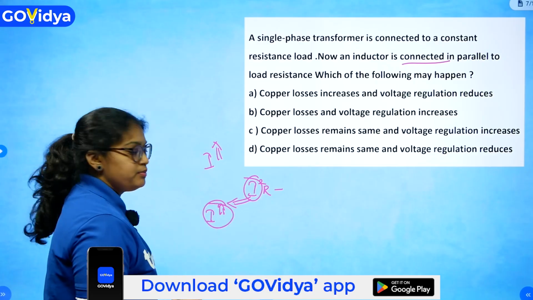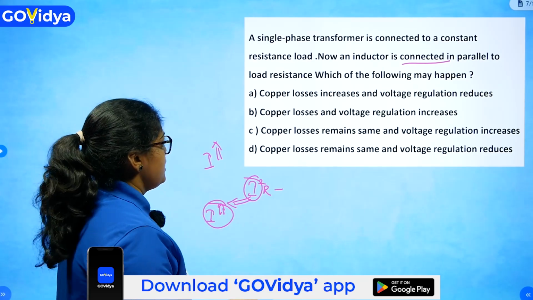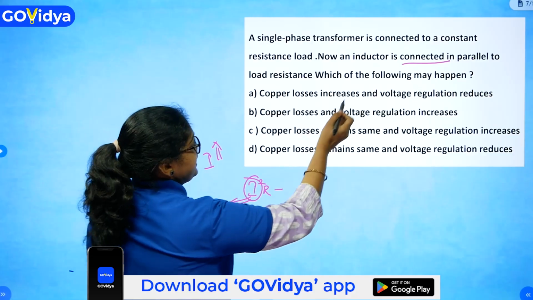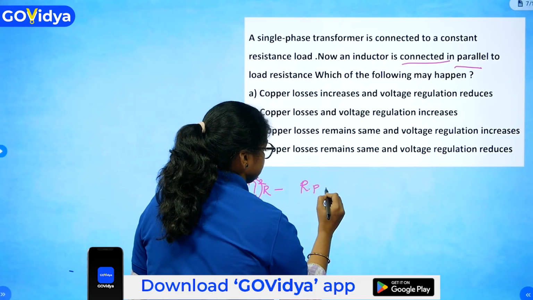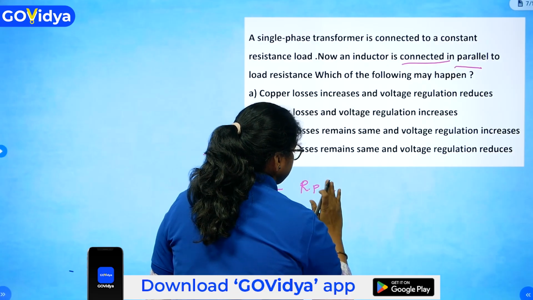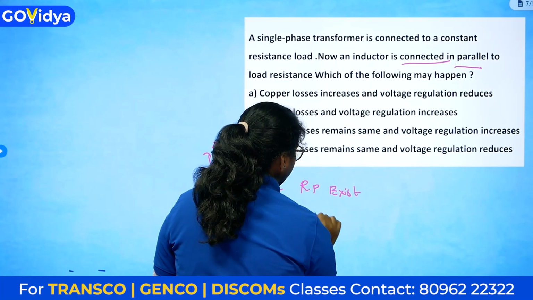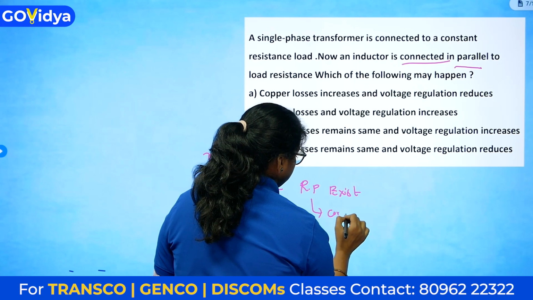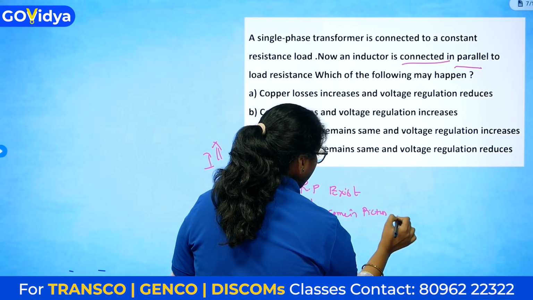Yes or not? Because of the reactive power coming into the picture. So definitely if the inductor is connected in parallel, reactive power will exist, and due to this, the current will increase.